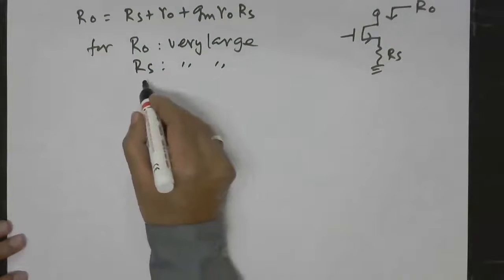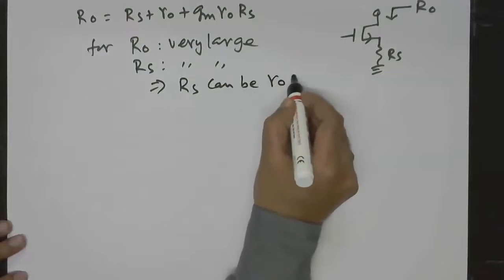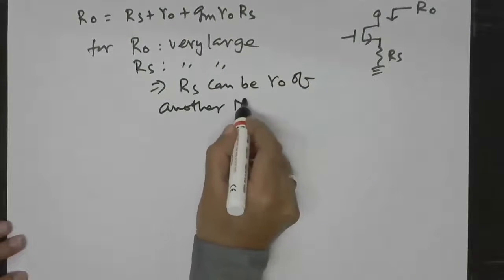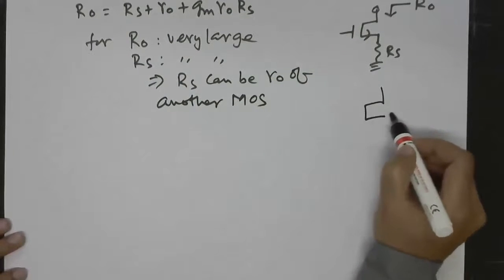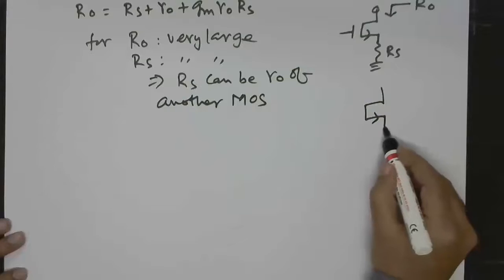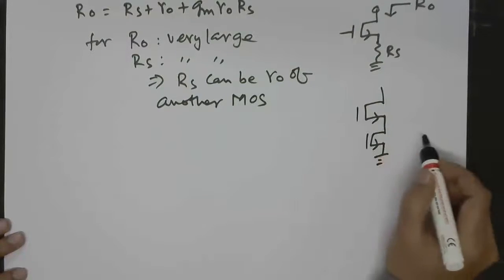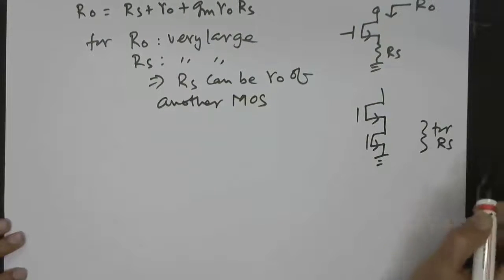So RS can be the R0 of another MOS. We put another MOS below the source like this, and this is what we have for RS.